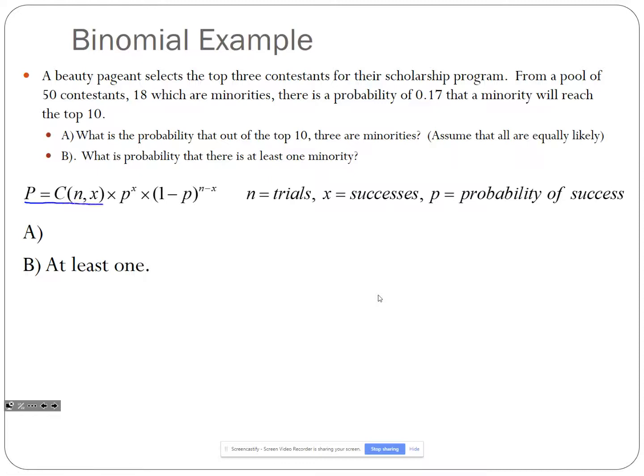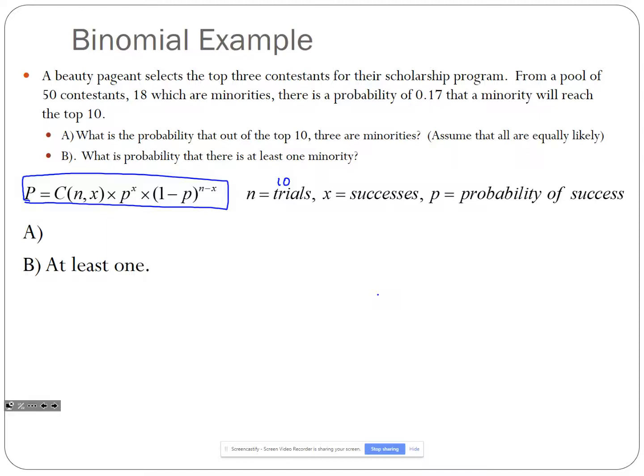Here is our formula. If you're going to do it by hand, I will also show you how to do it using your calculator. And I will have a video separate from all of the others that will show you how to do a lot of these things using Microsoft Excel as well. So here's the formula. Looks a little daunting, but it's not. We've got n, which is the number of trials. And in our case, we're looking for the top 10.